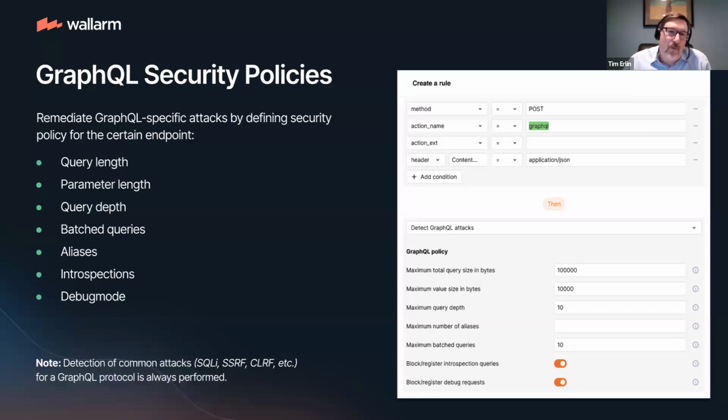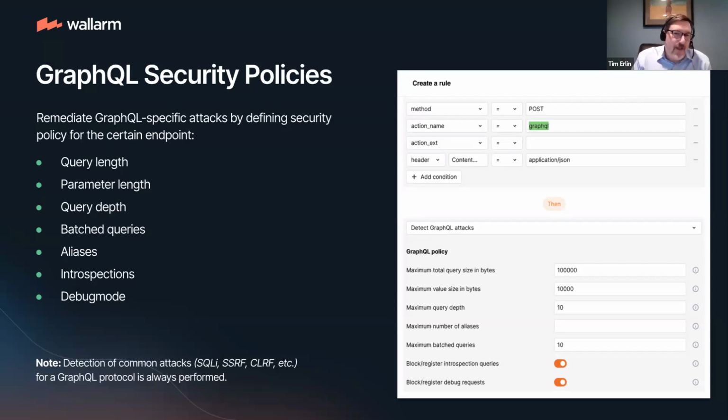For GraphQL, we've implemented the ability to apply a GraphQL security policy in your Wallarm environment. For those of you who might not be familiar with Wallarm, the key component is that Wallarm is focused on processing and analyzing traffic, detecting and blocking attacks in API and application traffic. And so we've implemented the ability to create rules that implement that specific GraphQL policy.